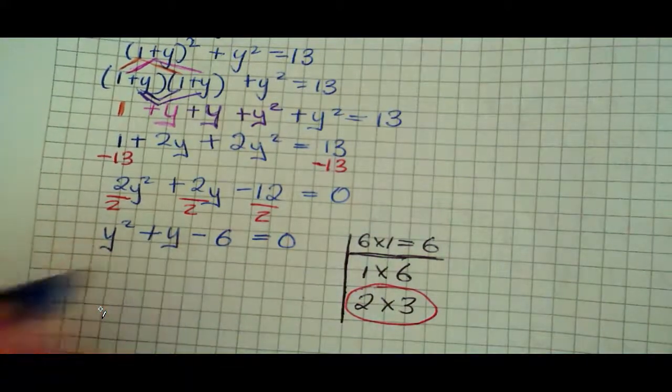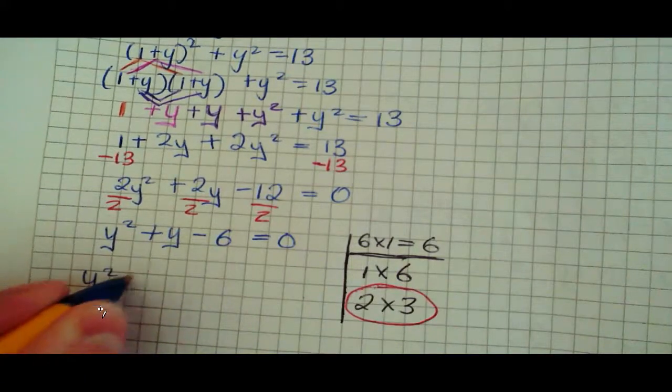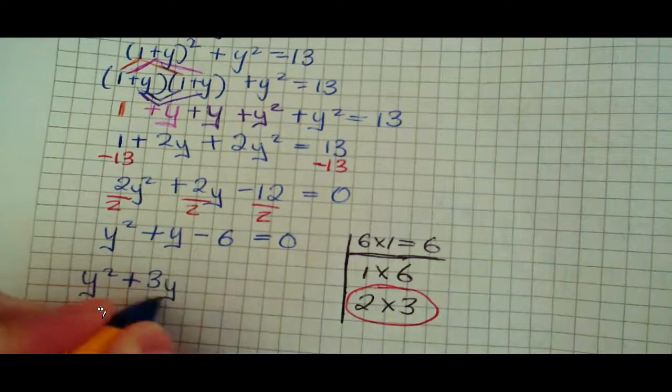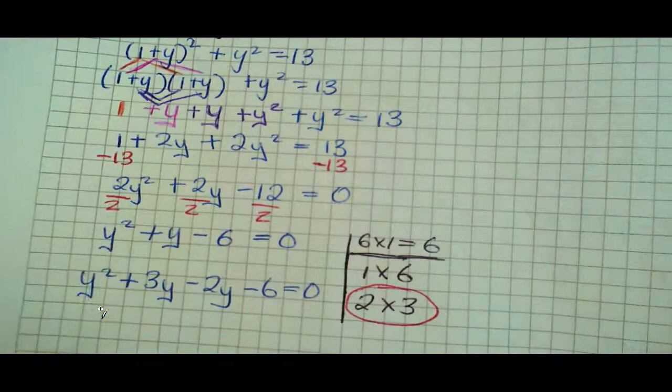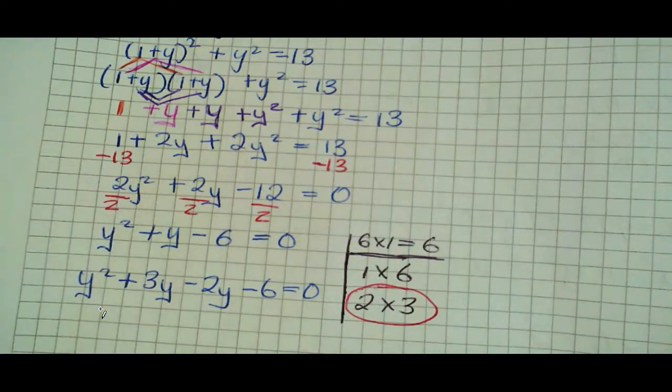If I rewrite my y then, using my 2 and my 3, y squared plus 3y minus 2y minus 6 is equal to 0. Plus 3y minus 2y is 1y.